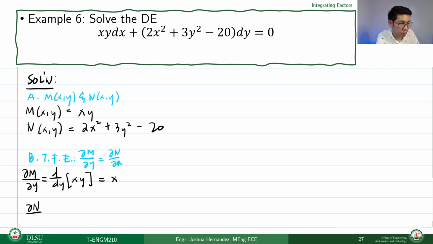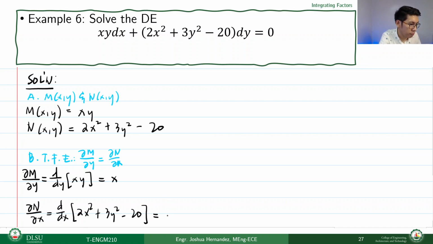But for the other component, minus 20. We're going to have 4x plus 0 minus 0. Okay. Now, from the two, our conclusion is that they are not exact.